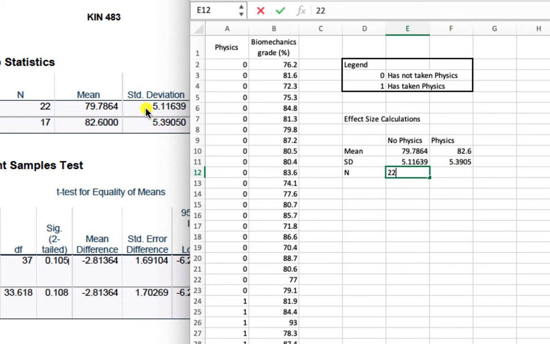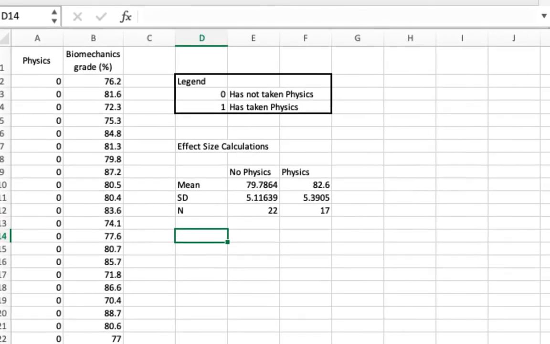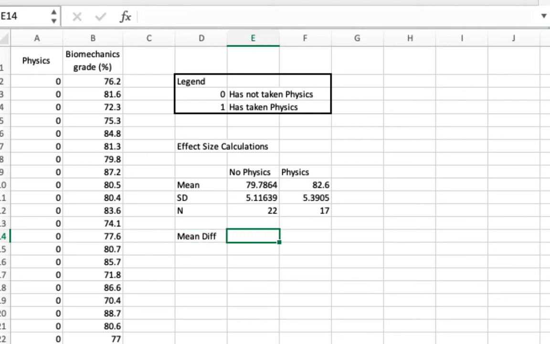And then we had 22 people who haven't taken physics, 17 people who have. From here, we can start calculating the components of our pooled standard deviation, as well as our mean difference, and these are the values that end up going into our effect size calculation.